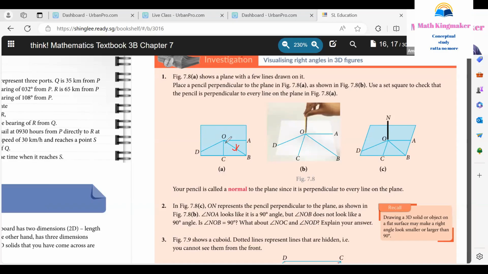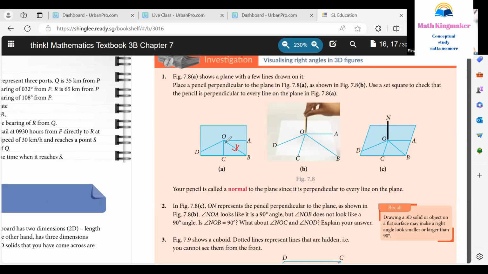He is telling you to use a set square. He is telling you to place a pencil perpendicular to the plane. So you have to place a pencil over there at O, keep it at O and make it perpendicular to the plane.